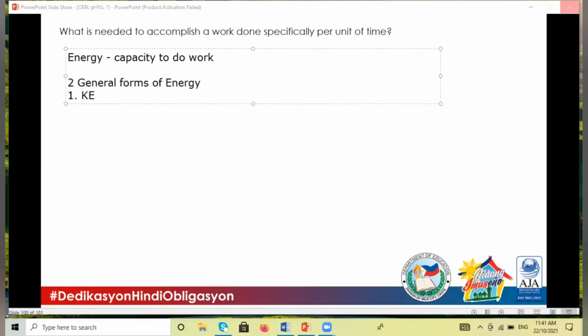Kinetic energy, which is the energy in motion, mathematically expressed as 1/2 mv squared. Kaya ba? 1/2 mv squared. Assume na lang po natin yan na exponent po yan, ha? Hindi kaya kasi sa PowerPoint. Okay, 1/2 mv squared.